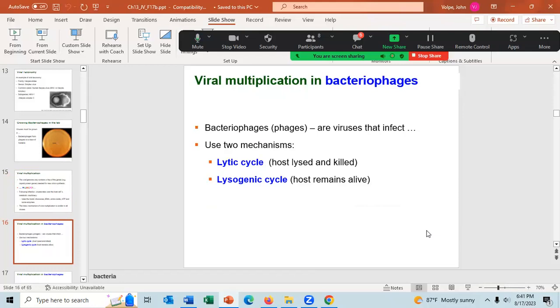In the lytic life cycle, the host cell is lysed and killed to release the newly replicated virions. In the lysogenic life cycle, the host cell remains alive for as long as the virus is in the lysogenic life cycle. Is that clear to everyone? Are there any questions about that?